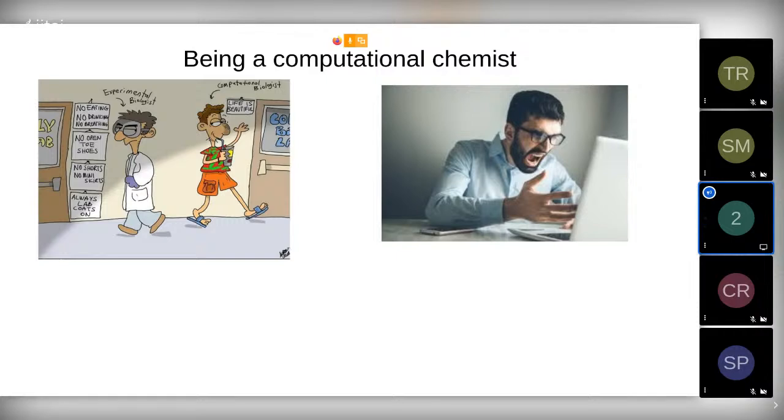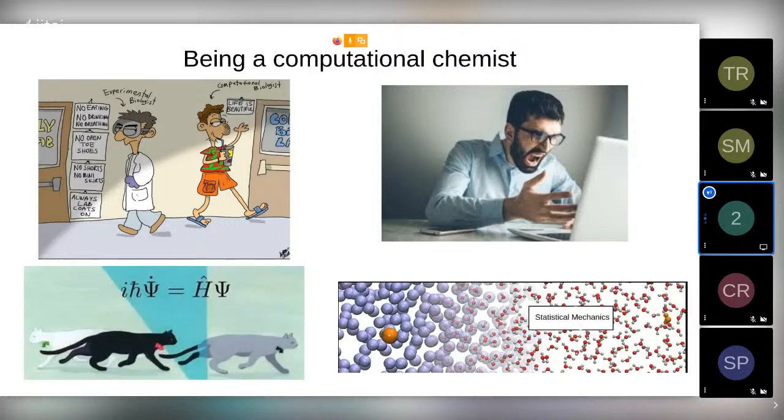Yeah. But to go through this kind of process, you need a good scientific background in both quantum mechanics and statistical mechanics, which, as many of you are undergrads, you will most probably learn in your future years if you take chemistry classes.